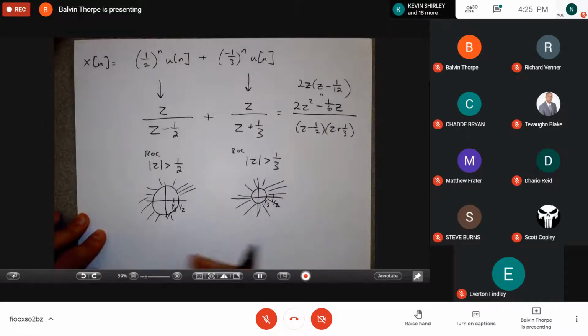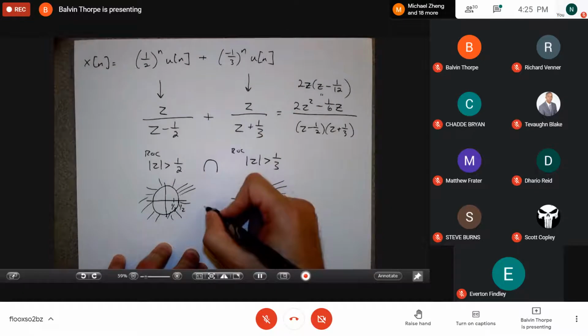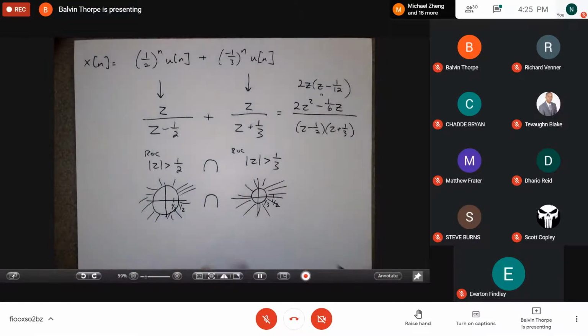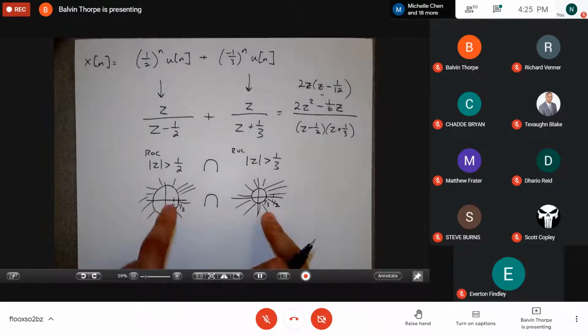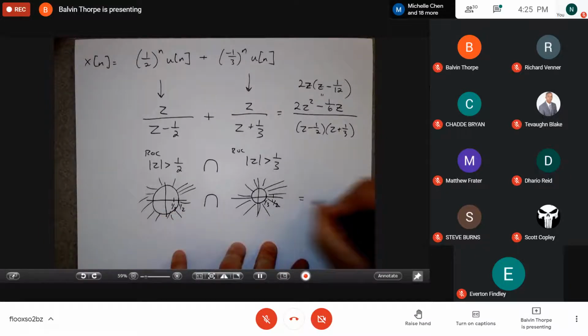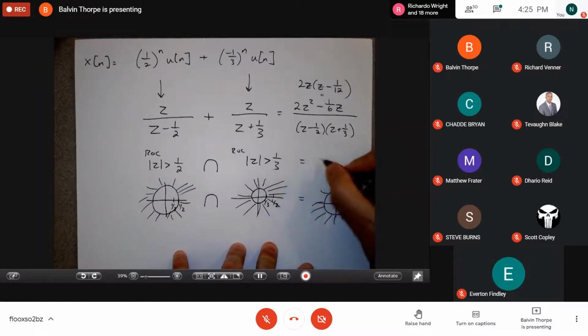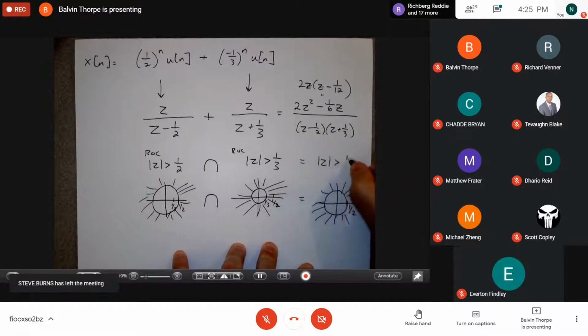So I look at the intersection of these two things. These things both have to happen at the same time. Looking at this guy over here, it's the one that's more restrictive. So the final ROC looks like a starburst that's outside of a half. And this intersection is this guy.